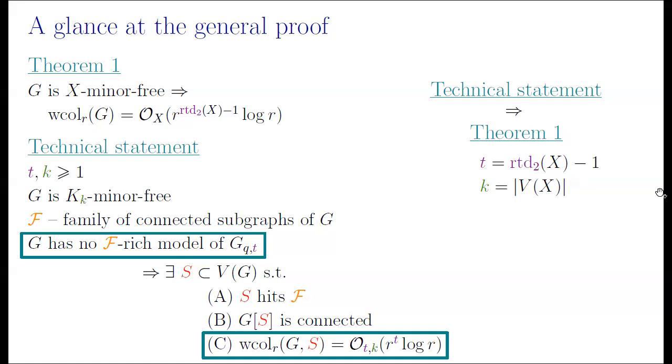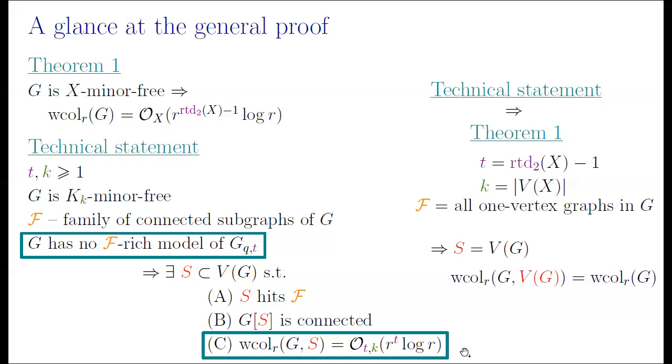So this is something weaker, but okay, I will talk about it later. And if we take F to be all one vertex graphs in G, then we are forced to take S to be all vertices because S has to hit F. And if we know the definition of W called R G S, we will know it in a moment, but now we don't know it, then we'll see that it's the same.